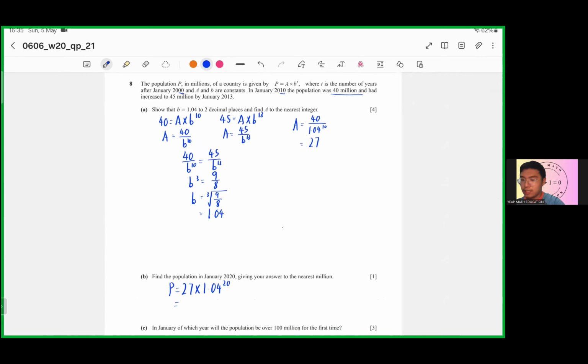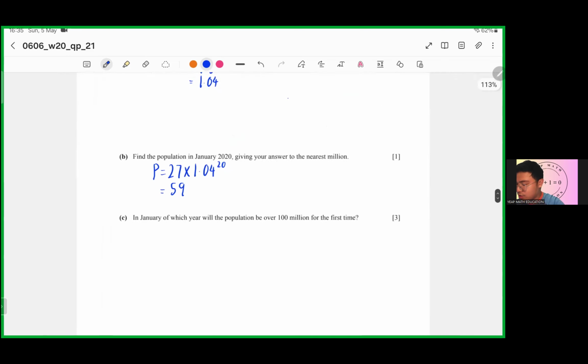So we get the answer, which is actually 59.12, but as usual we just take 59.